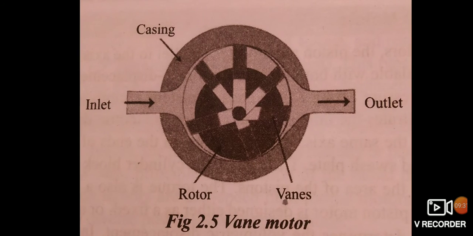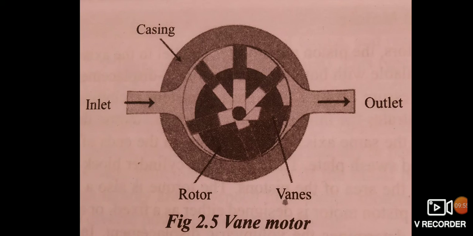Now the vane motors. A rotary vane motor consists of a circular chamber in which there is an eccentric rotor with sliding vanes in the slots provided on the rotor. The rotor is placed eccentrically within the housing.